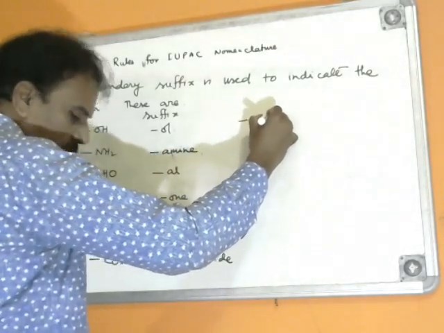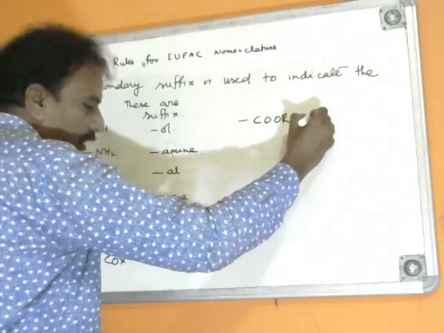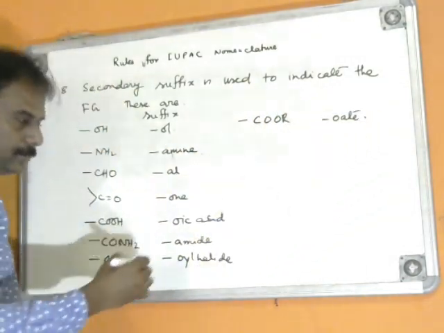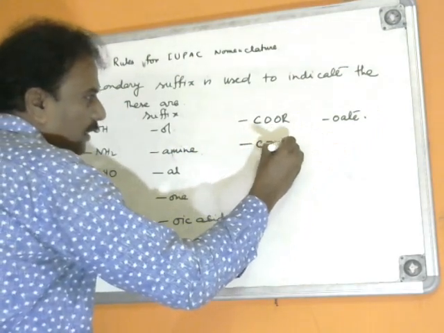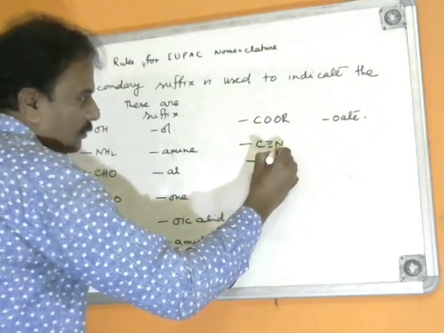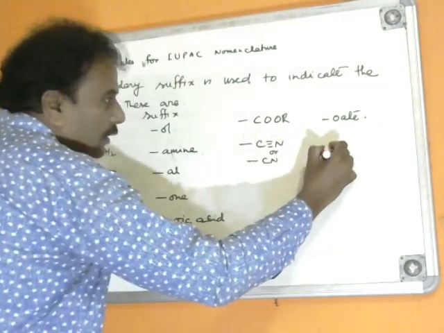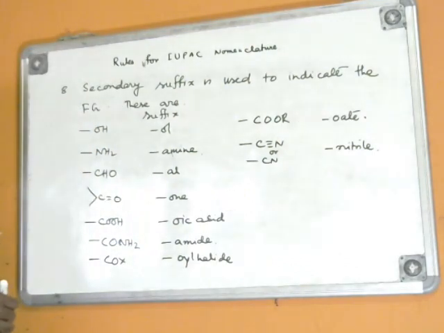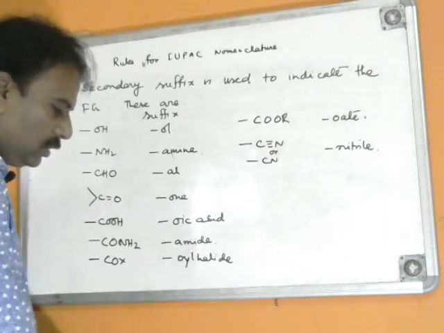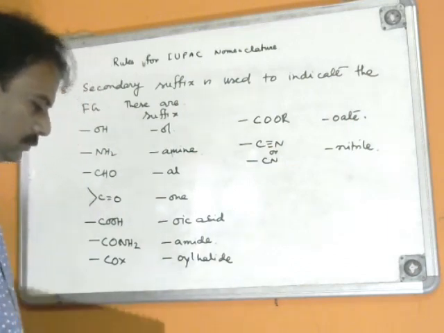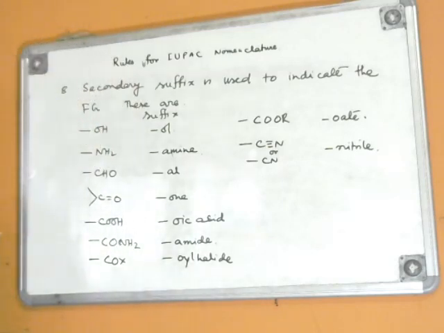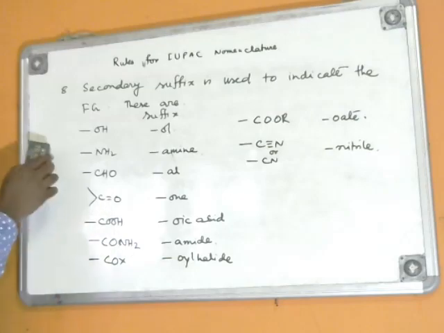Suppose COOR, that is the ester group, the suffix will be -oate. C triple bond N, that is -nitrile. So these are the secondary suffixes. So this was rule number 8. Now rule number 9.